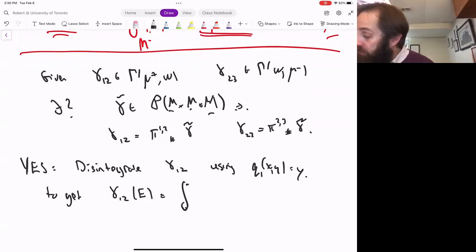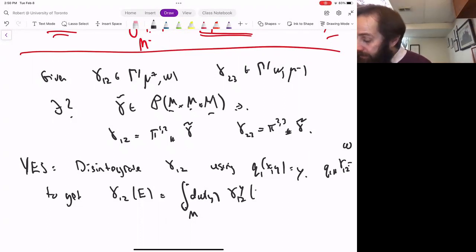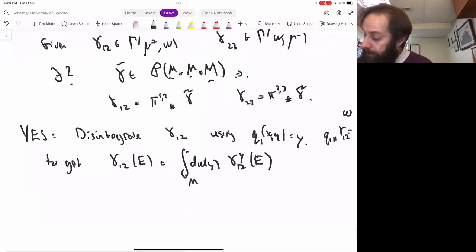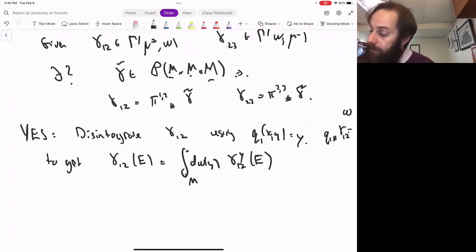Now the image, Q1 push forward gamma 1,2, is omega. So this is going to be an integral over M with respect to omega, and then I'll have gamma 1,2 superscript y of E.